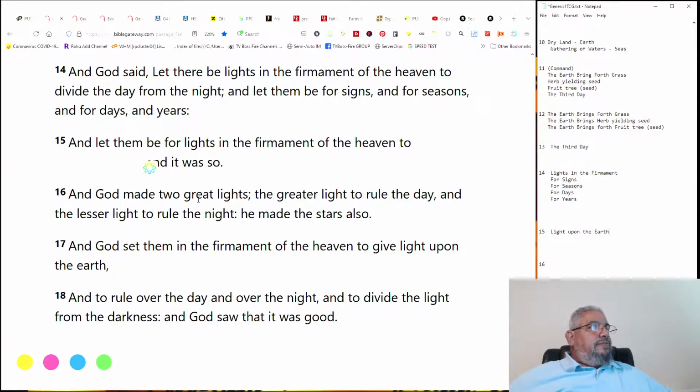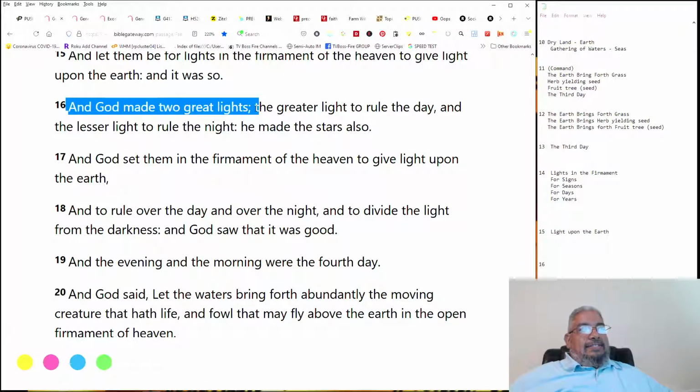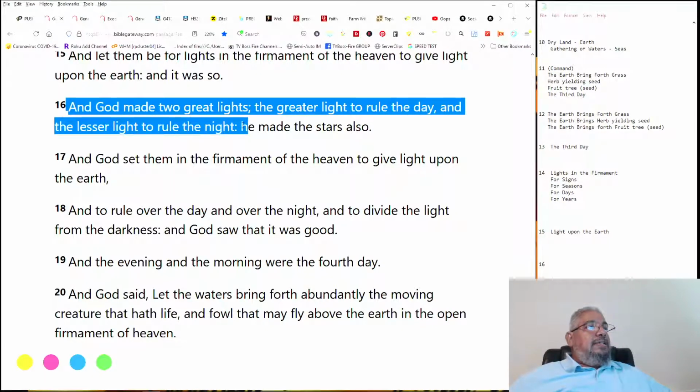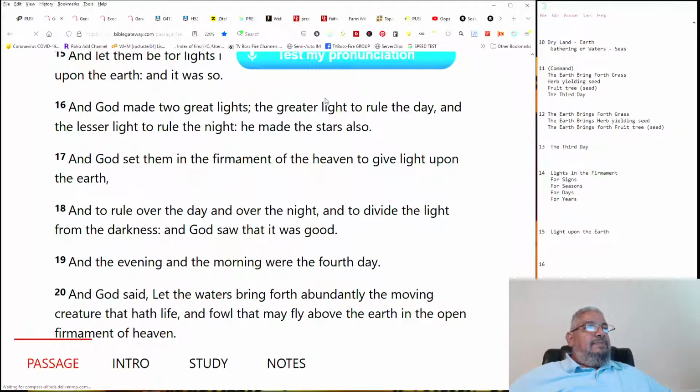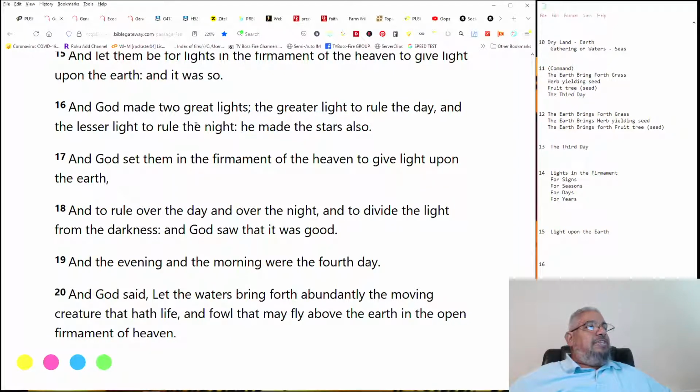Light upon the earth. Okay, 16. And God made two great lights. See? The greater light to rule the day, and the lesser light to rule the night. And he made the stars also. Because the stars are something like an appendage as it relates to the lesser light, because the lesser light rules the night.